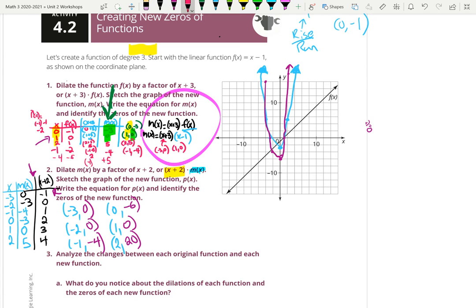Okay, let me graph this guy. -3, comma 0. Notice how in all of these, the original x plus 3 intercept shows up in all of my graphs.